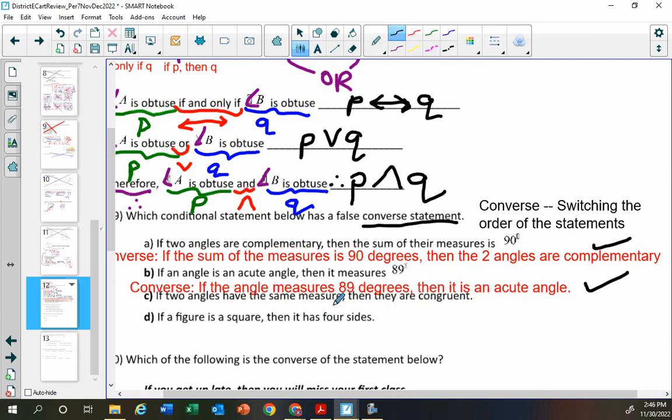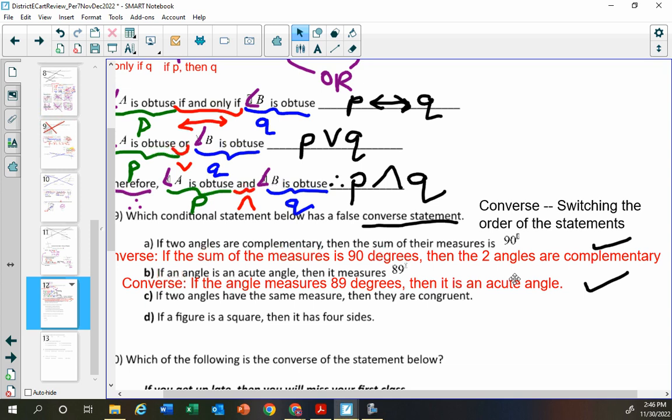But what about C? Let's think about the converse.